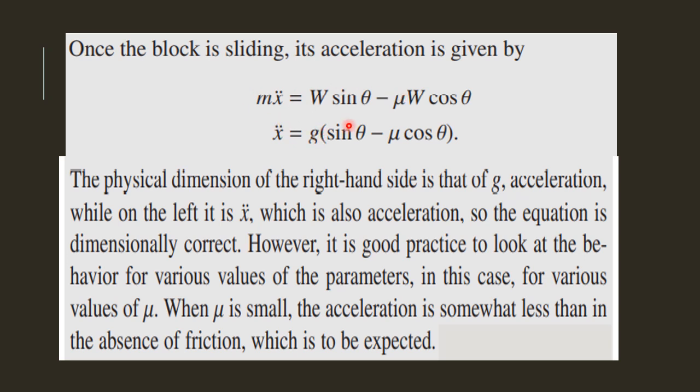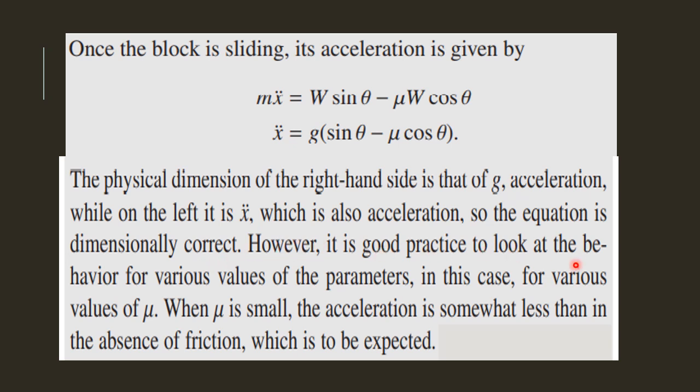So you get g times sin theta minus mu cos theta, that is equal to x double dot, the acceleration of the block along the x direction. Now the physical dimension of the right hand side is that of g, acceleration, while the left hand side is also x double dot, which is also acceleration. So both sides have the dimension of acceleration, so the equation is dimensionally correct.